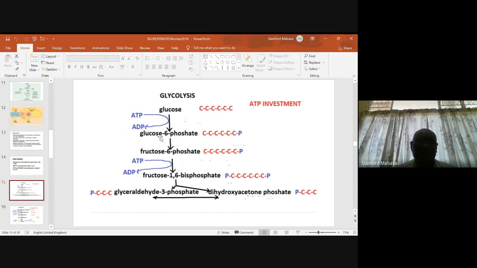We get glucose 6-phosphate. Then it changes to fructose 6-phosphate. Then we have phosphorylation again using ATP to ADP. That is, fructose 6-phosphate undergoes phosphorylation. Then we now have fructose 1,6-bisphosphate.